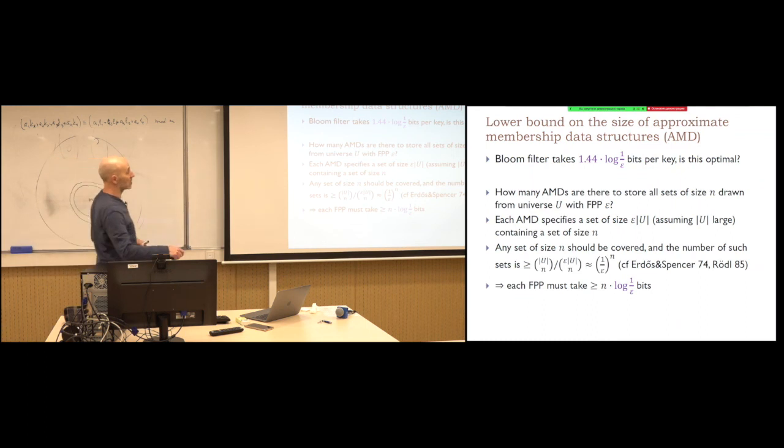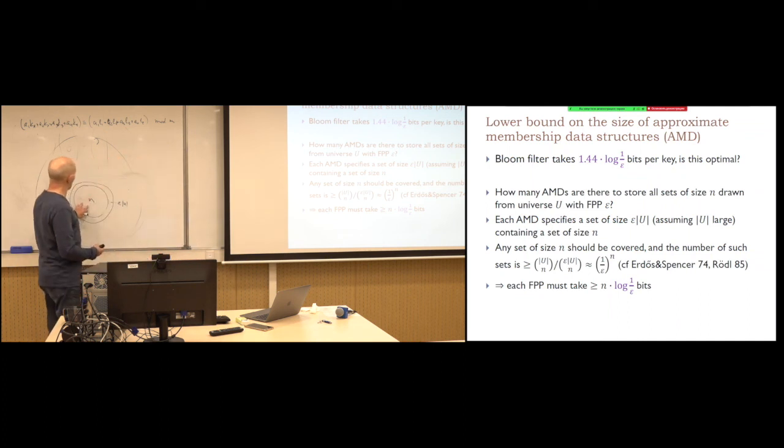This assumes that small sets covered by different big sets are disjoint, which is not true, of course, because different big sets can cover the same small set.